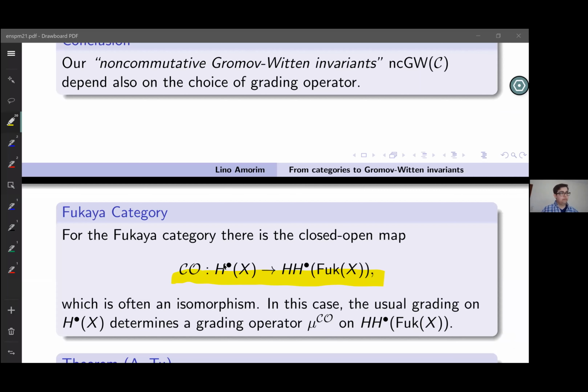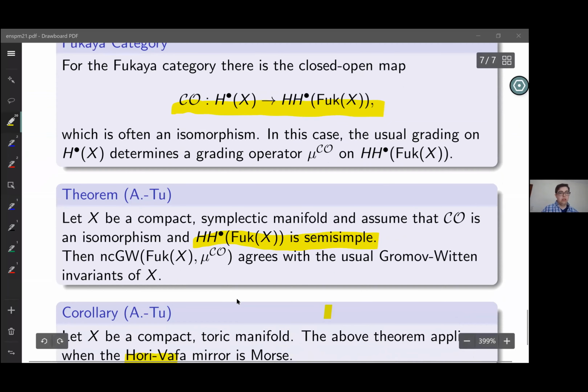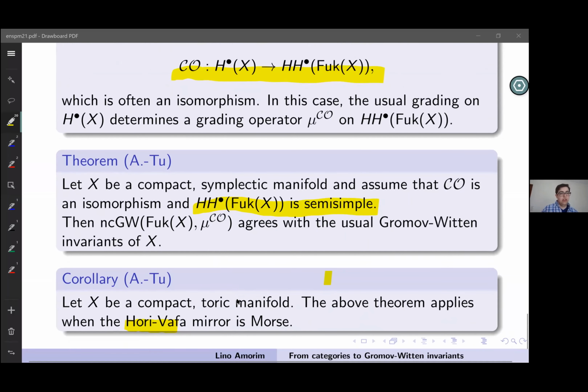And for Fano things, that's equivalent to this Hori-Vafa mirror being Morse. For Fano things, I think this is known to be true generically: for a generic symplectic toric form, this will be Morse.